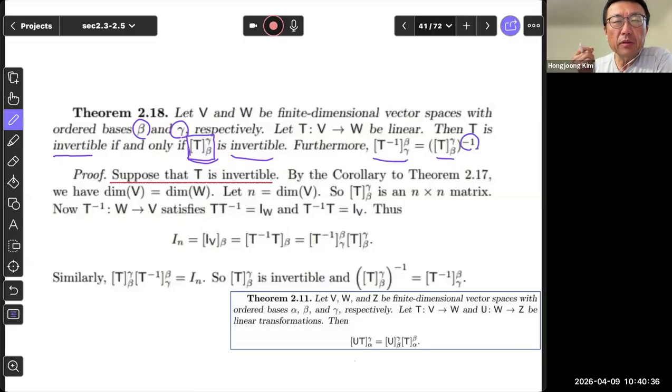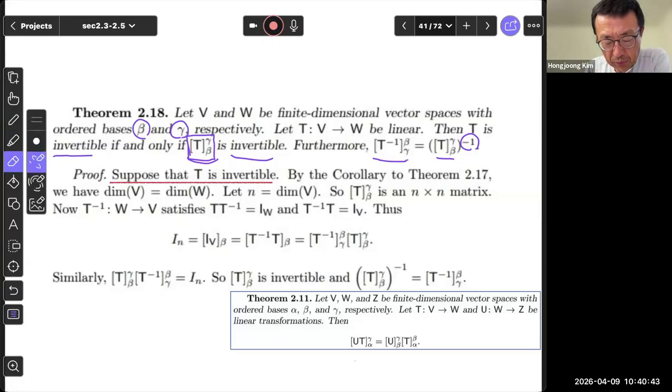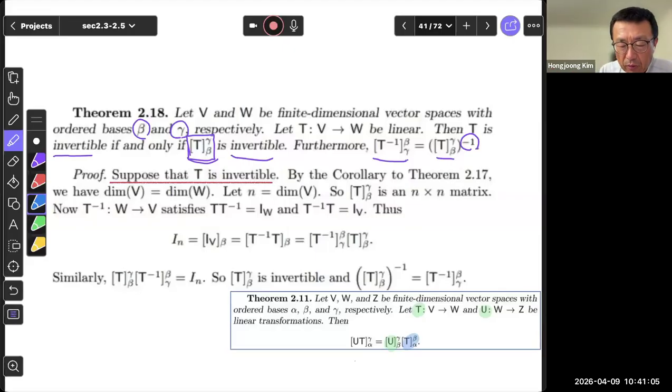And the basic theorem was 2.11 that was quite useful in many proofs. So 2.11 says if I have two linear transformations T and U, and with some appropriate bases, we could find these two matrices, then the product of these two is the matrix representing this composite.